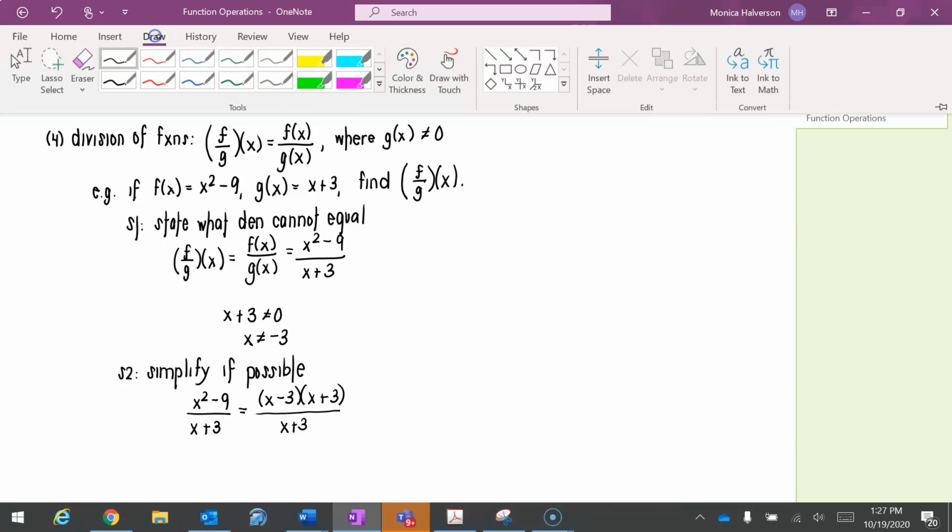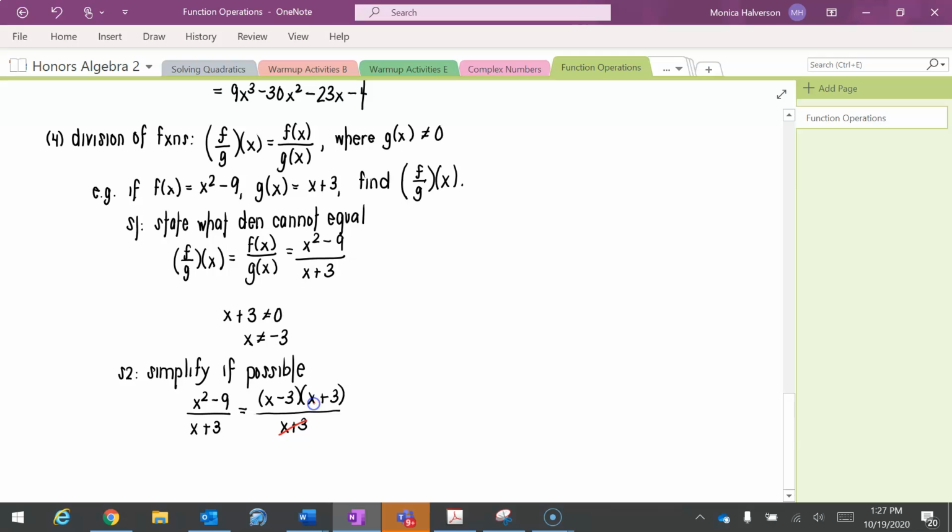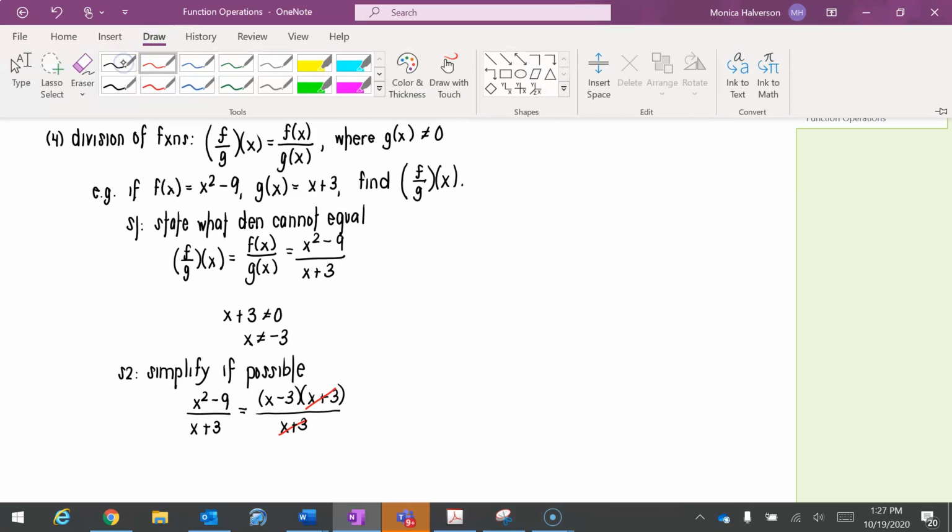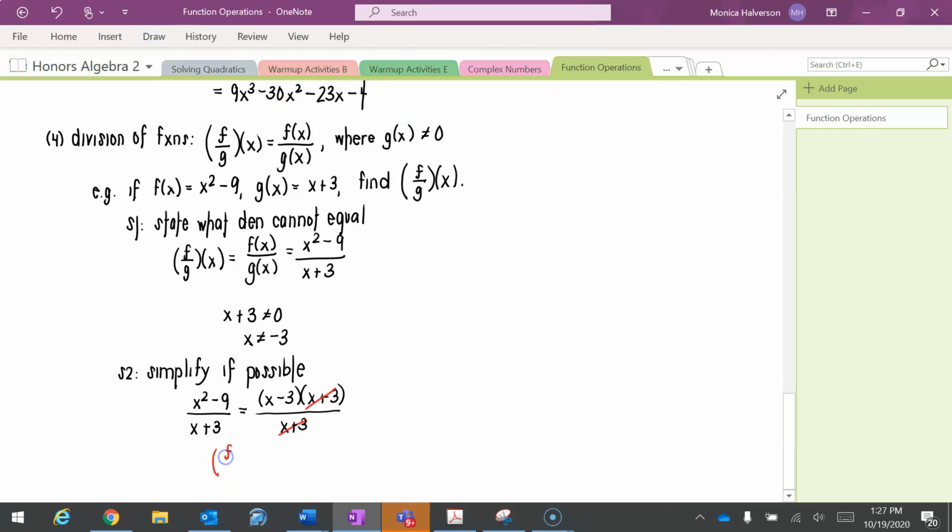Well, what we should see here is you absolutely can simplify by canceling out x plus 3 in the numerator and the denominator. And therefore, f over g of x is equal to x minus 3, where x cannot equal negative 3. I would like you to do the same thing for this example. And I'm going to write it here so you can have my example for reference.